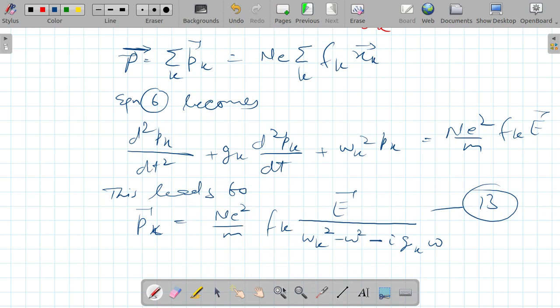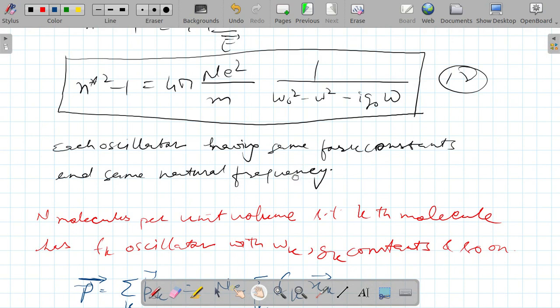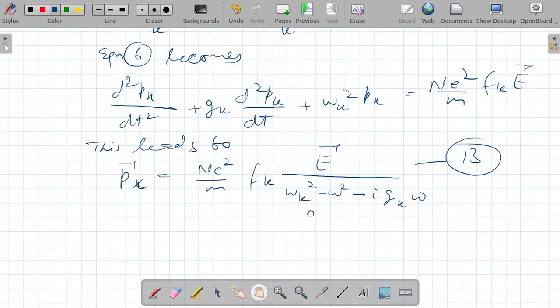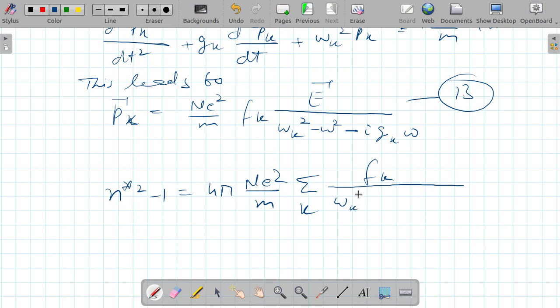And this leads to the refractive index as we have calculated from here. In a similar fashion, we get the same expression for the refractive index, but it is a little different with the summation sitting with it. So the refractive index becomes n star square equal to 1 plus 4 pi Ne²/m times the summation over k of Fk divided by (ωk² minus ω² minus iota gk ω).